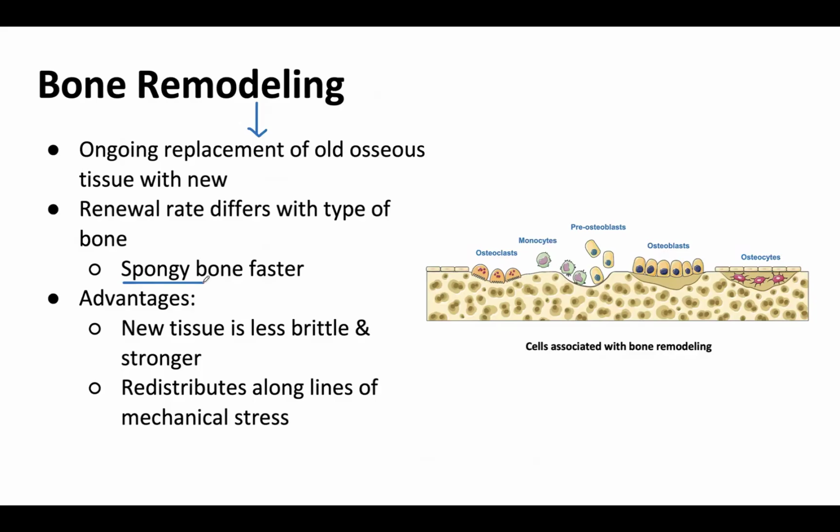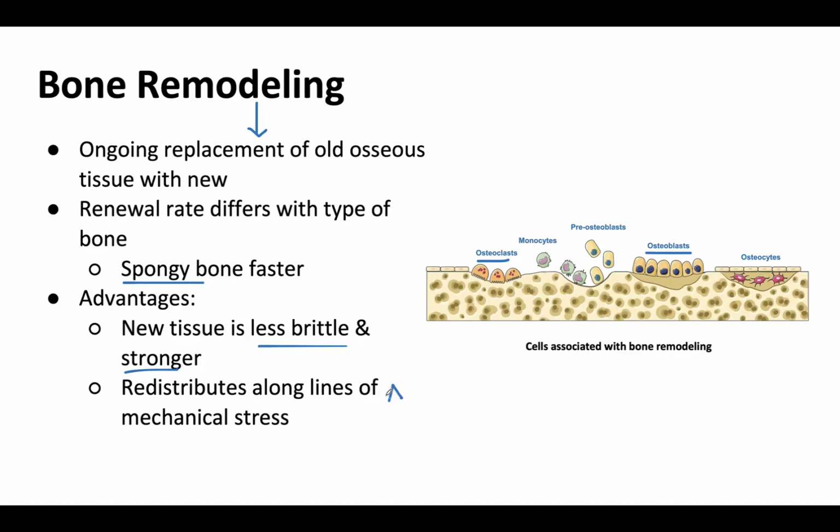In remodeling, an osteoclast will break down bone, and osteoblasts will follow to rebuild. They do this in unison. This serves to renew the osseous tissue before natural deterioration takes place. So why have this increased work to remodel something that may seem perfectly fine? Well, new osseous tissue tends to be less brittle and stronger than the older, aging osseous tissue.